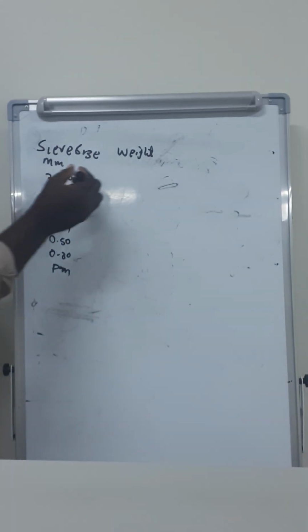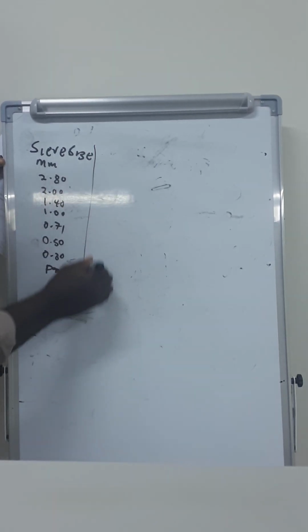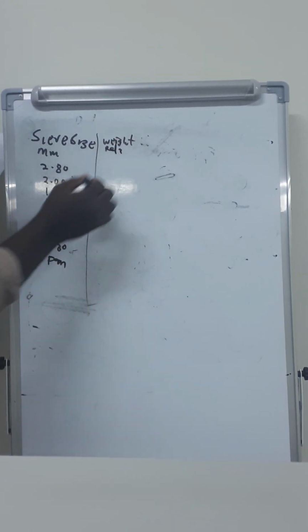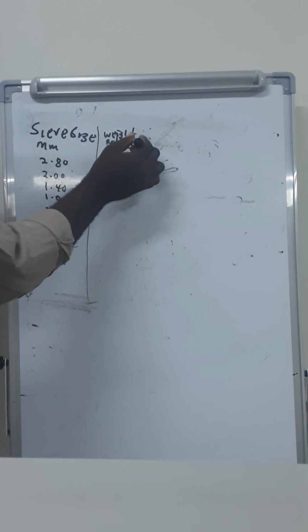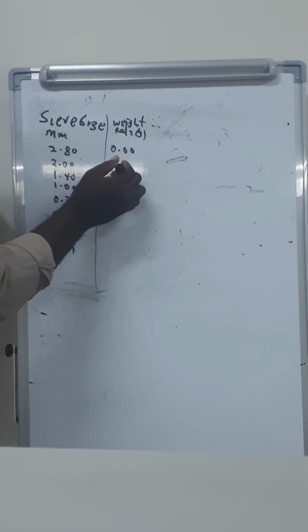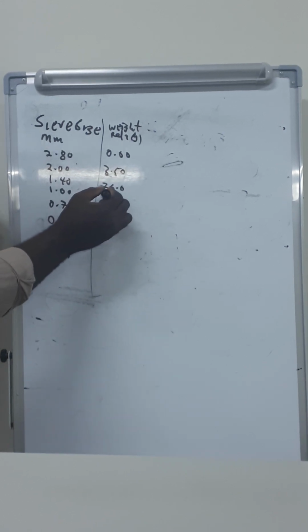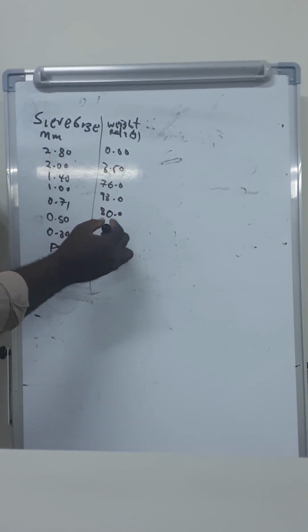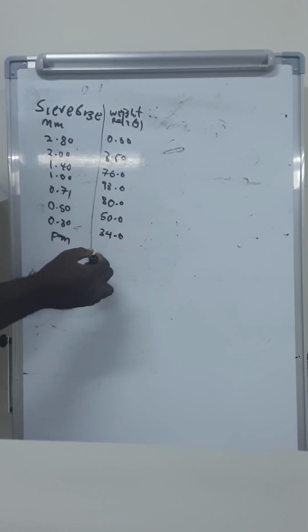For the weight retained in grams, I have 0.00, 0.00, 3.5, 76.0, 89.0, 80.0, 50.0, 34.0, and 12.